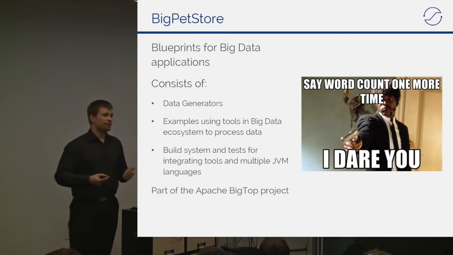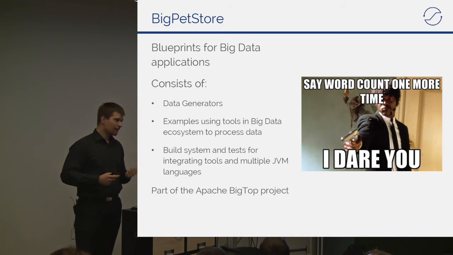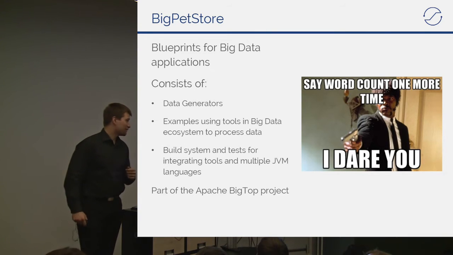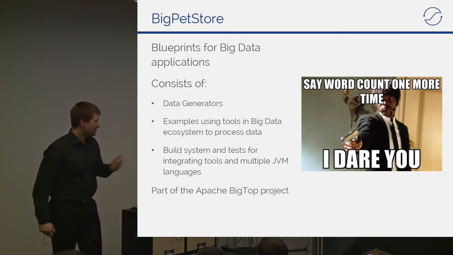There's already a BigPetStore implementation in the main bench of Apache BigTop for MapReduce, and another one for Spark. And as soon as I finish my talk, I'm going to prepare the pull request for Flink, and we have a couple of BigTop committers pushing it, so hopefully we will get that in.